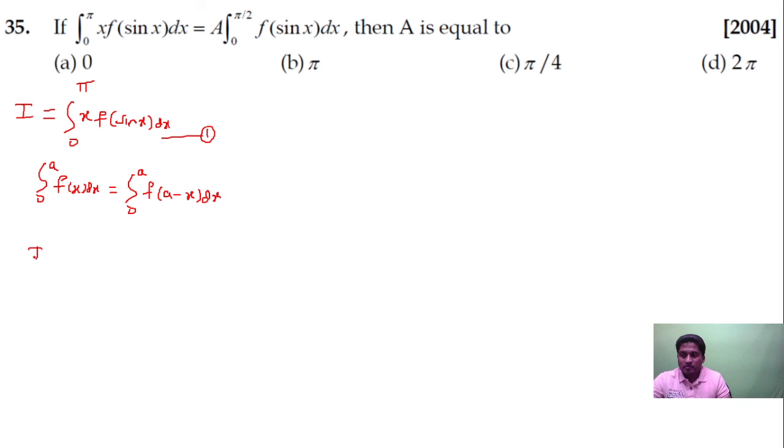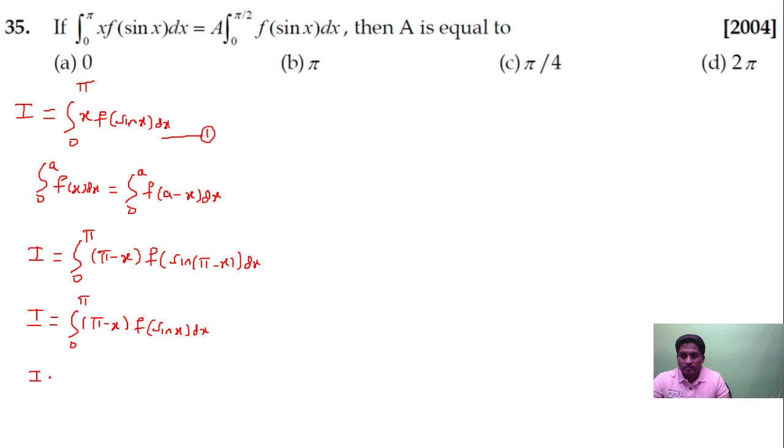You get I is equal to integration from 0 to pi of (pi minus x) into f of sine of (pi minus x) dx. So I is equal to integral from 0 to pi of (pi minus x) into f of sine x dx.